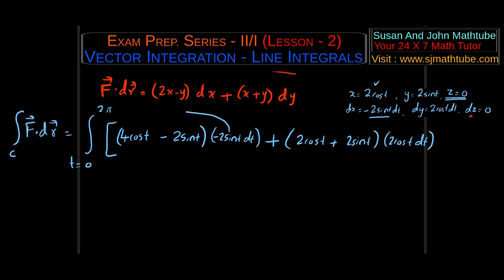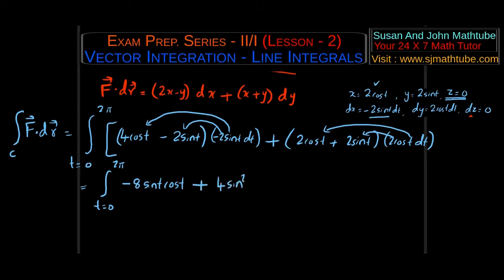And now I have to use the distributive property for multiplication. I'll distribute everything, simplify. So t equal to 0 to 2 pi. This is going to become minus 8 sin t cos t plus 4 sin square t.